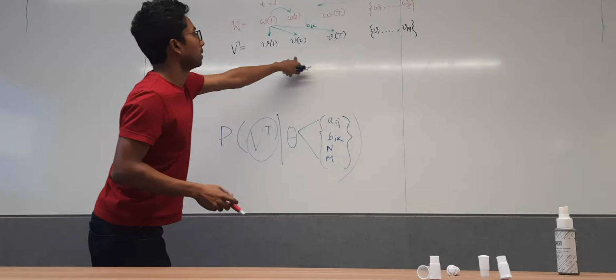This is a problem of sampling with replacement in effect. I'm picking a particular sequence that I'm calling VT out of all possible sequences we can have. So we can think of V1: how many values can it take?